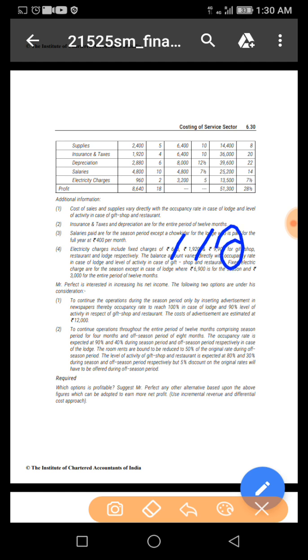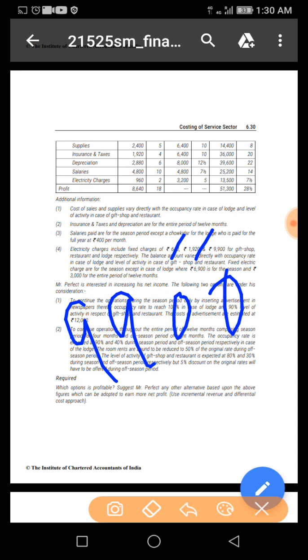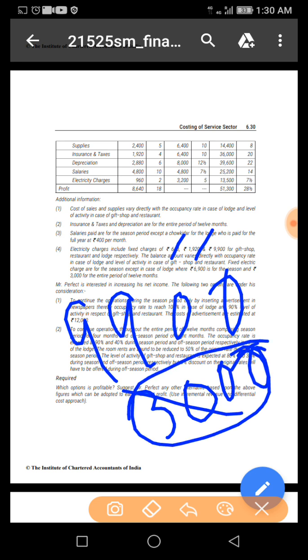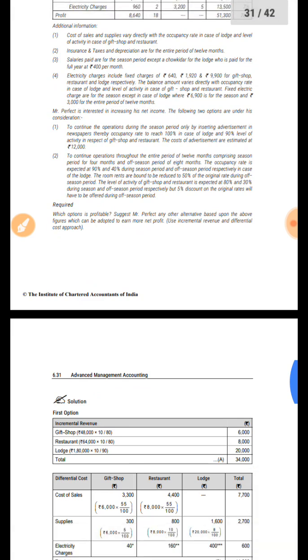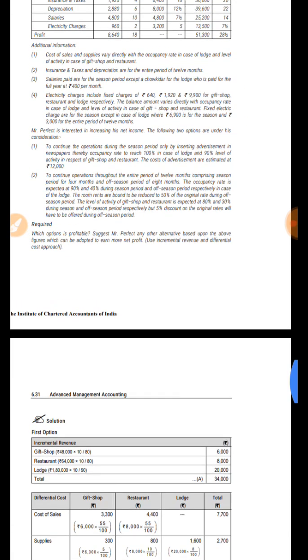In that 1,990, this 9,900 is there, no? In that 3,000 is for the entire period, so this will not be considered. Okay, so only the balance of this 6,900, this only will be considered. So here only comes the application.